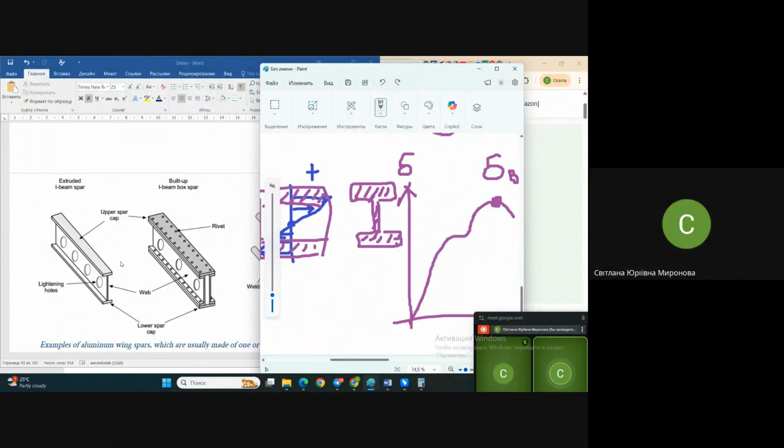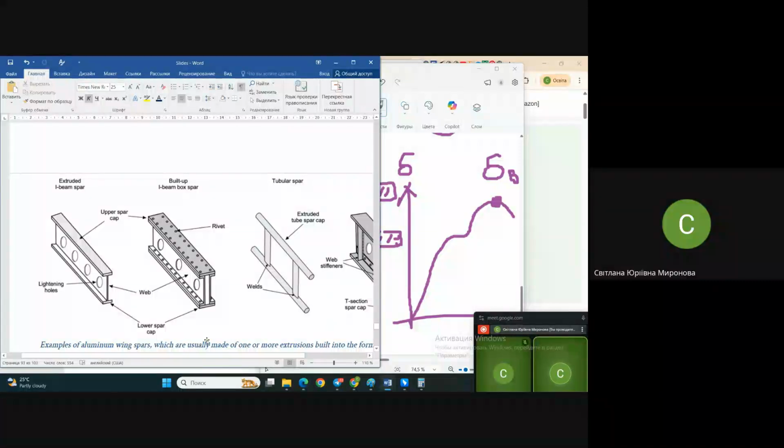It's the so-called double T shape. It's maybe channel shape also, something like this, depending on the variant of placing of the spar, depending on load intensity and so on. But typically they are not solid rectangular or solid square elements.